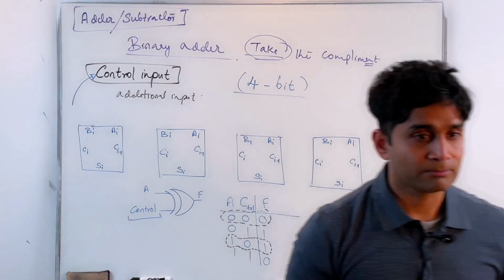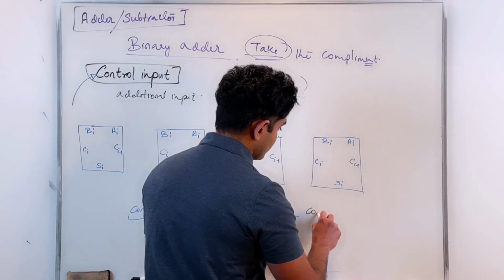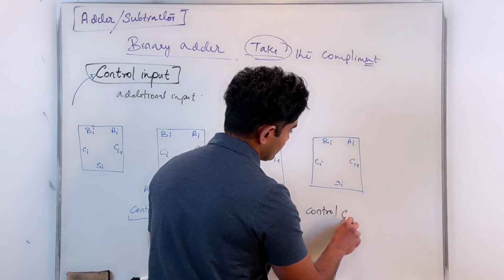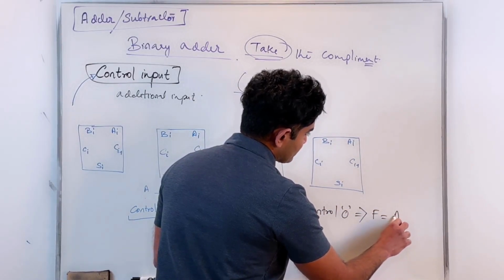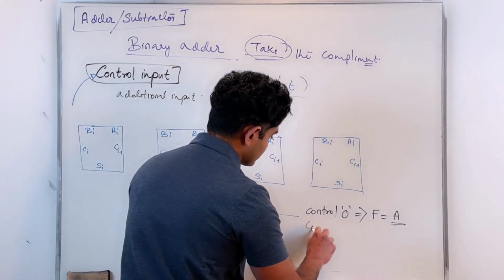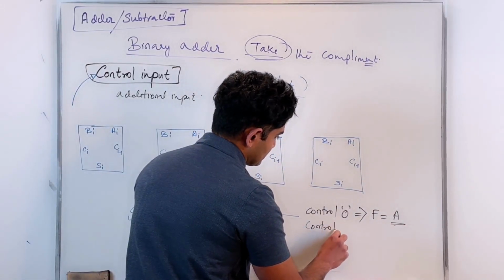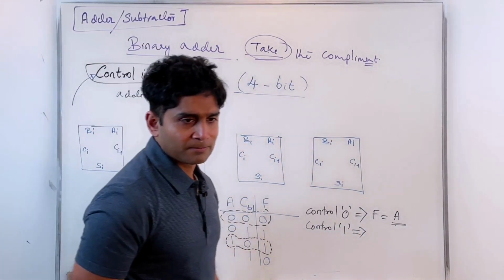Same as A. Perfect. So if my control is 0, that implies F equals A. What about if my control is 1? What can you say about F in terms of A?